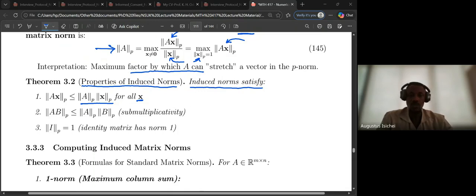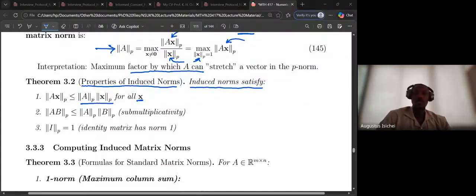2. The norm of the product of two matrices A, B is less than or equal to the norm of A times the norm of B. This is what we saw earlier, which is sub-multiplicativity. You can see how this word is messing me up.